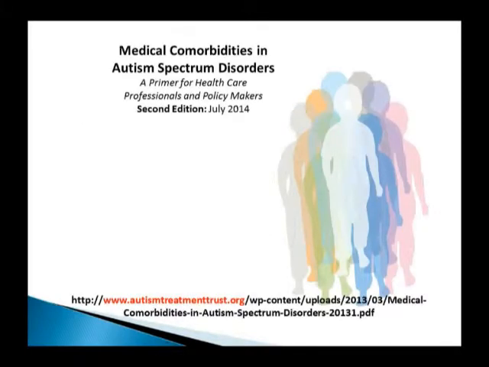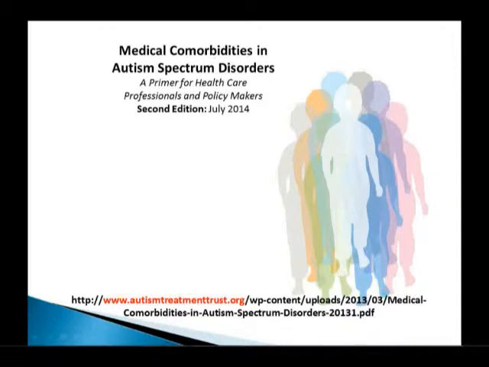If you want to understand more about comorbid problems that have been well documented in autism, I would highly recommend getting this pamphlet. You can go to autismtreatmenttrust.org.